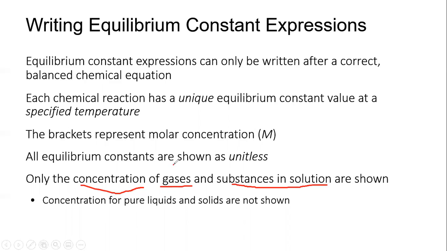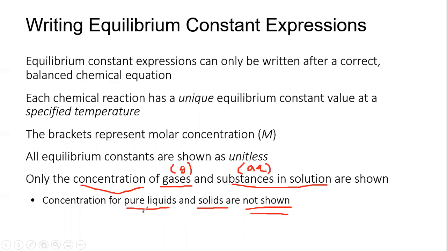So that means if it has a subscript of a G or an AQ, it's shown in the equilibrium expression. Only those two types of phases. Pure liquids and solids are not shown. That's very important.